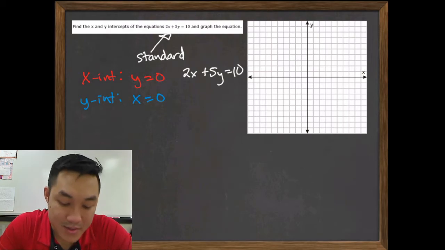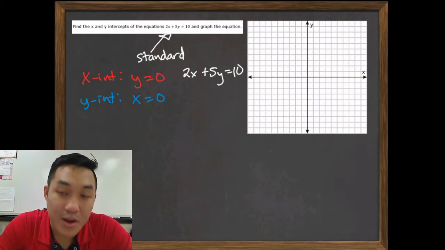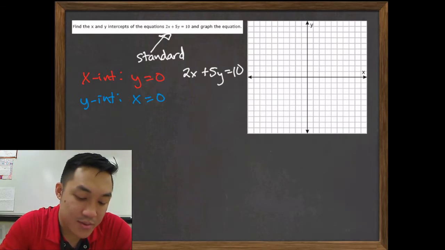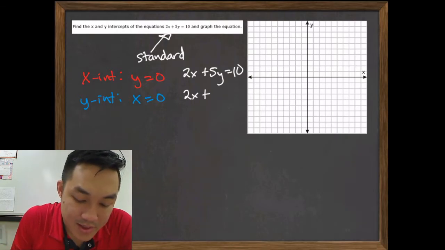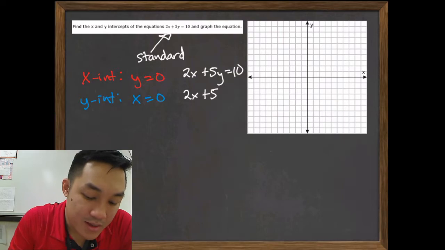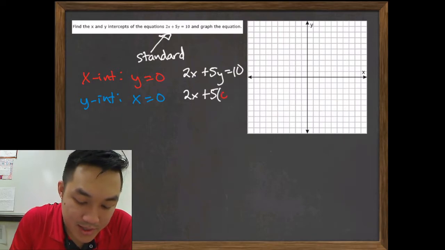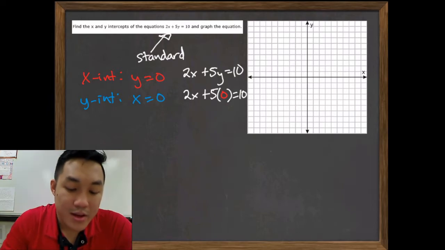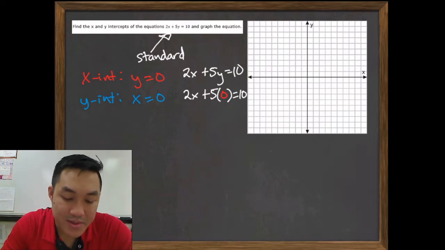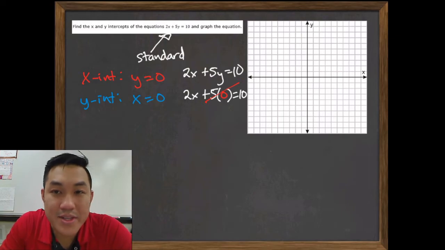So if y is equal to 0, 5 times y would just make that 0. What it would look like is 2x plus 5, but instead of y, we'll plug in a 0. Notice 5 times 0 is always just 0, so really that's just gone every time.